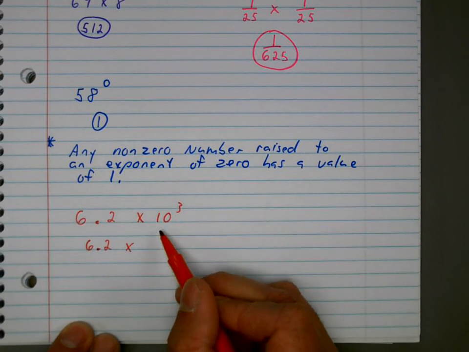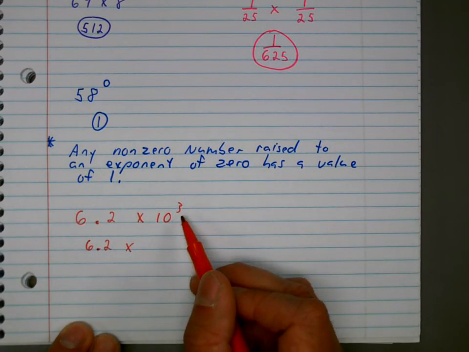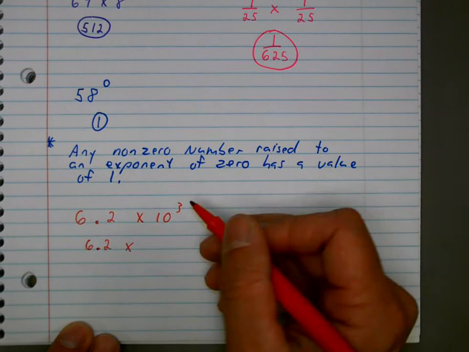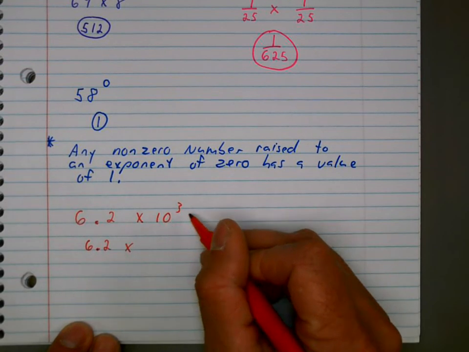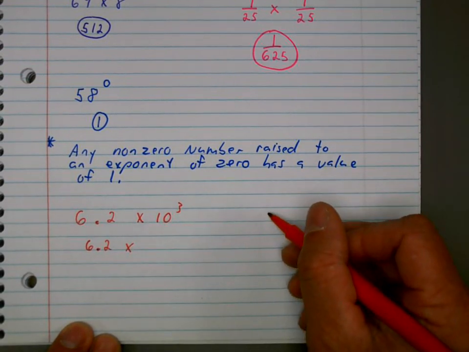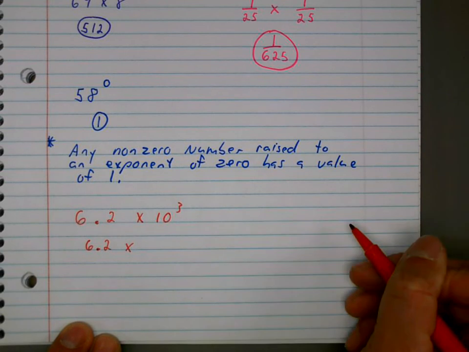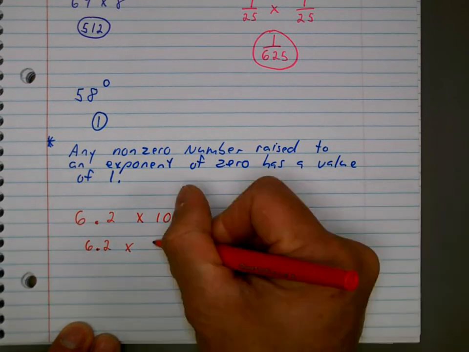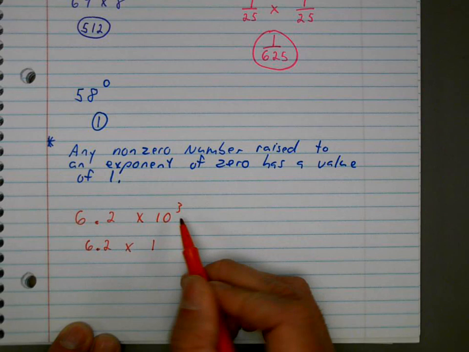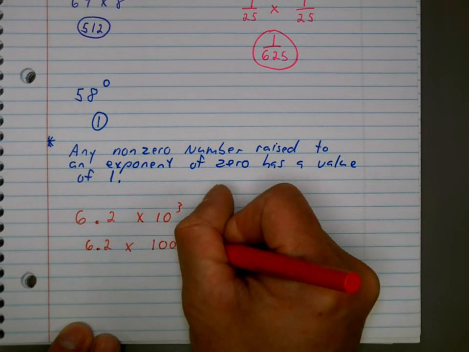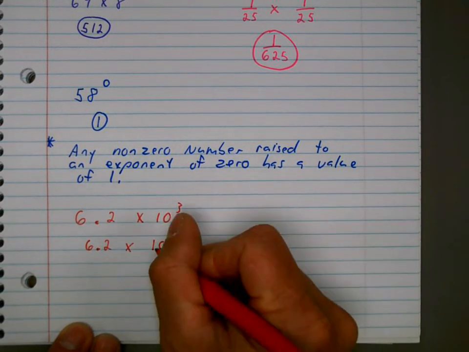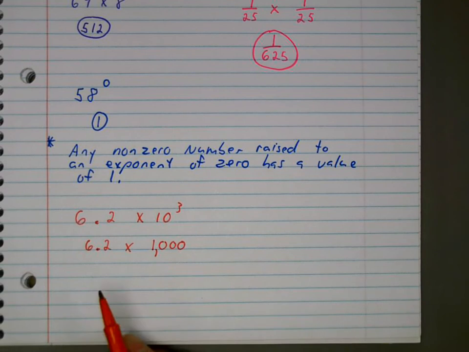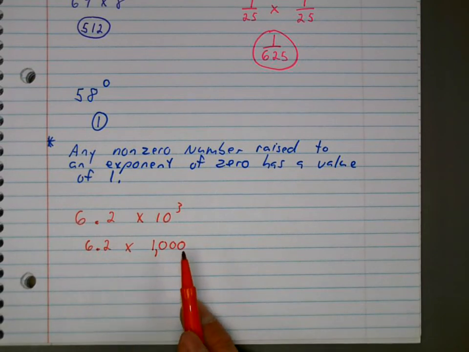And now we're going to change 10 to the 3rd power to a whole number. So that just means I could solve it by doing 10 times 10 times 10, or I can just write down my 1 and add 3 zeros. And I'll do 1, 2, 3, comma. So this is just telling us 6 2/10 times 1,000.